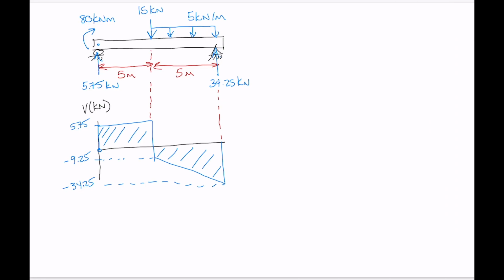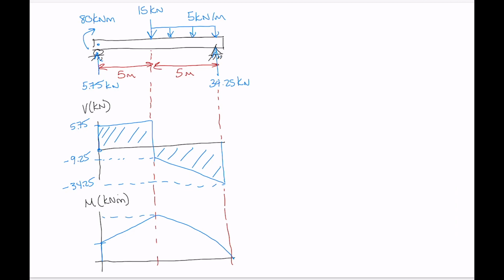So now I'm going to stack my moment diagram below this, and the moment diagram is going to be in kilonewton meters. Okay, and I'm going to continue those construction lines down like this. There we go. And my moment diagram looks like this for this beam.